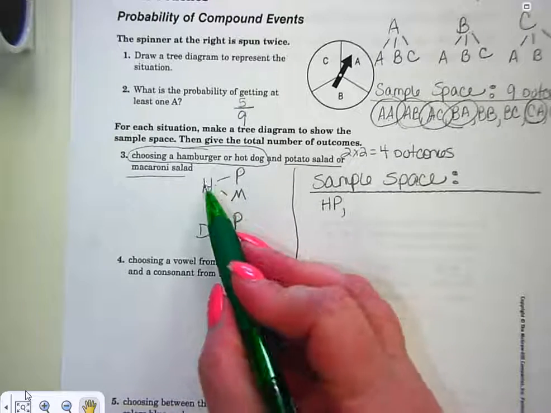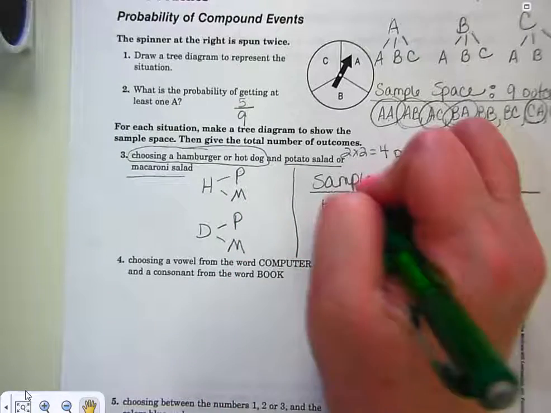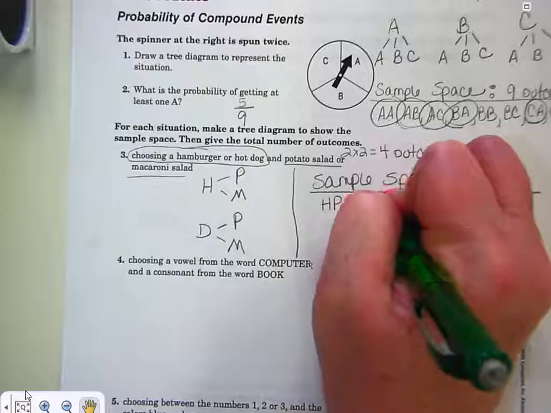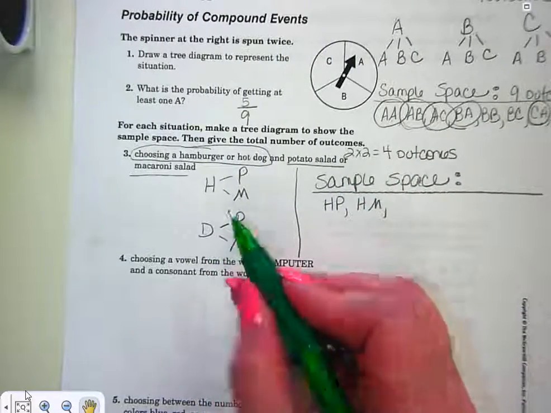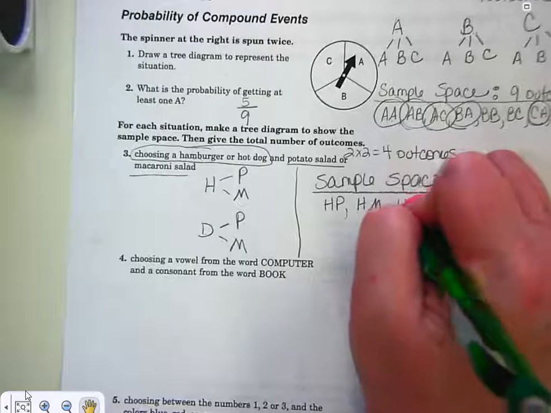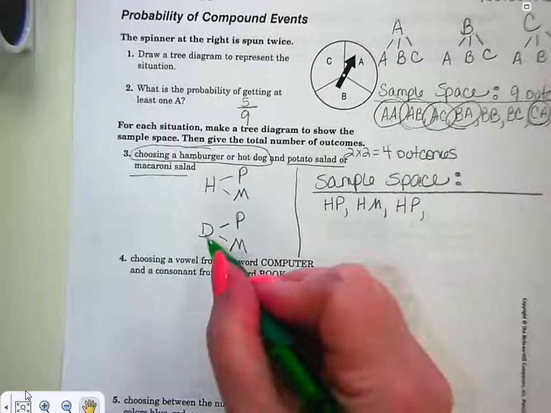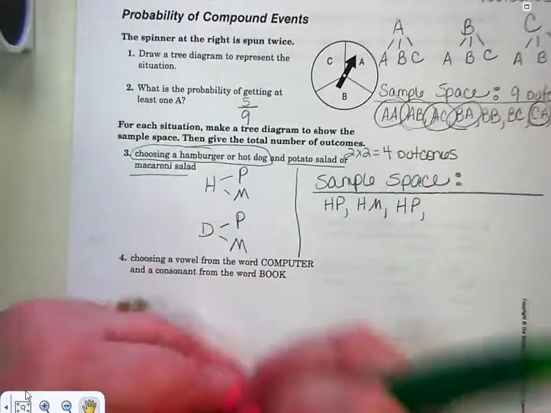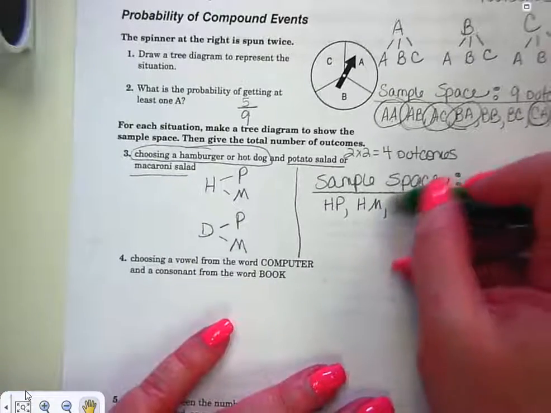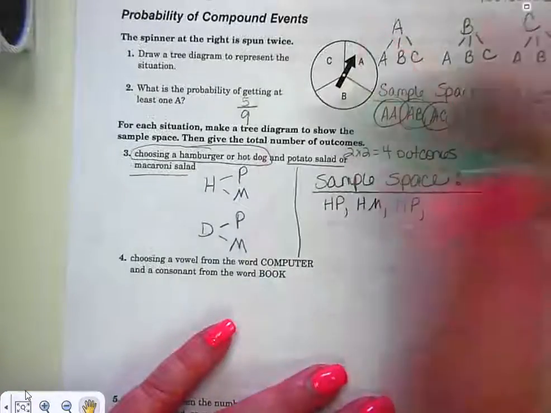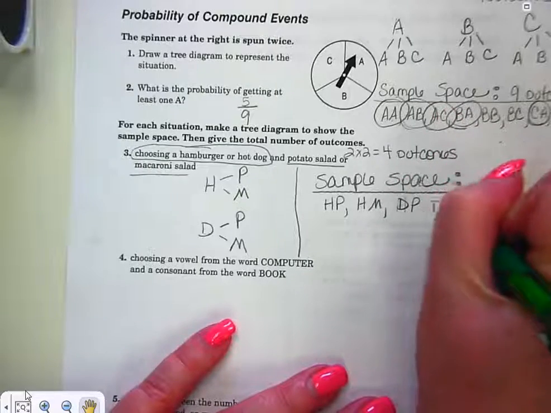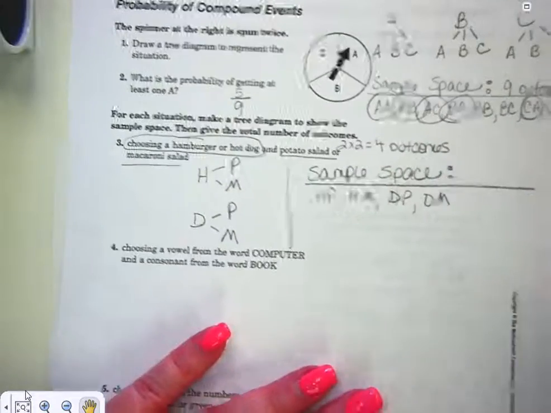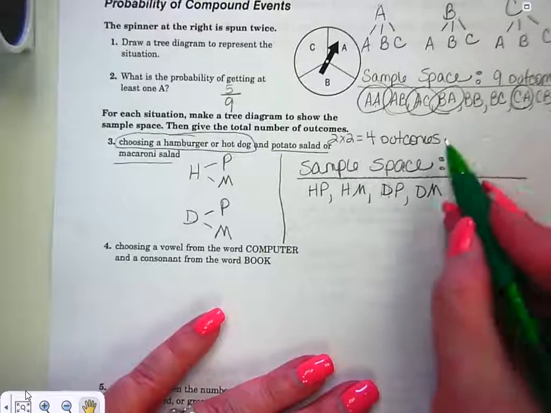Next is hamburger and macaroni salad. HM. Then hot dog, potato salad. And then, nope, I used the wrong letter for hot dog. It looked like hamburger again. Hot dog, potato salad. Hot dog, macaroni salad. So how many different outcomes are there? 4.